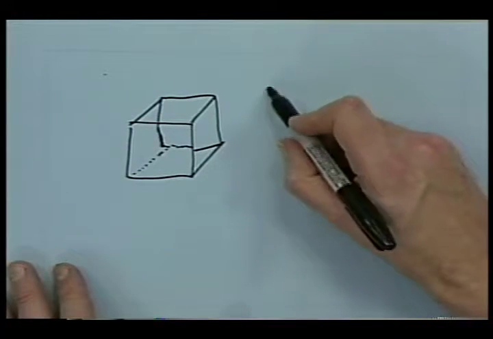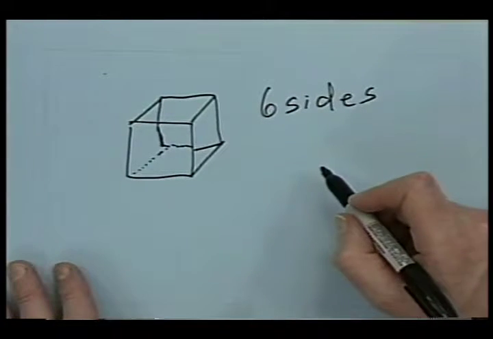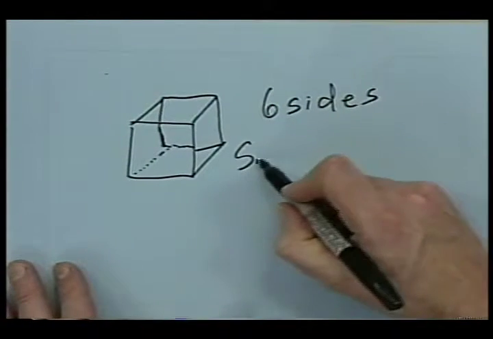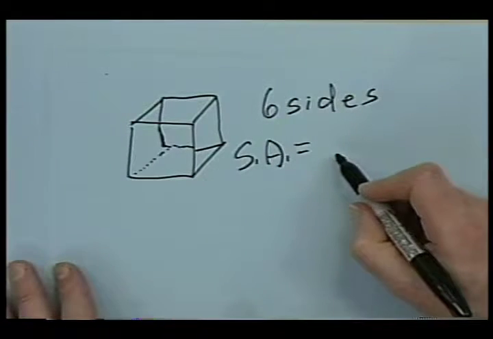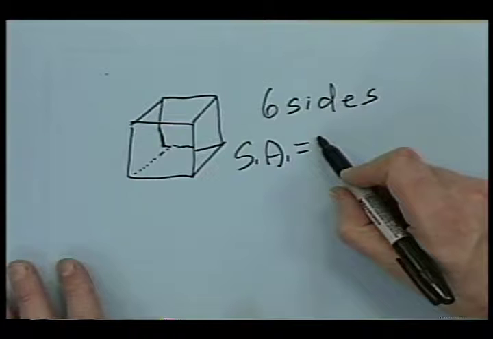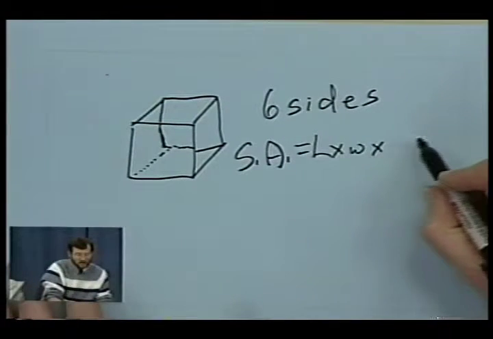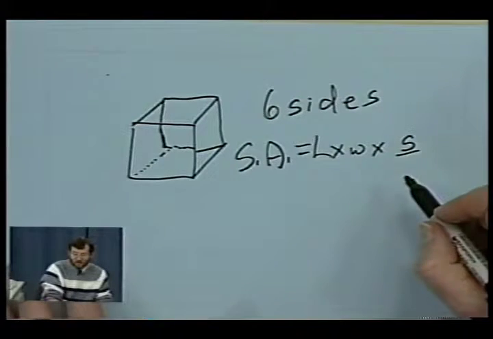Now, a cube has 6 sides. So the surface area of the cube is going to be equal, if we wanted to do a mathematical formula here, to the length times the width times s, the number of sides.